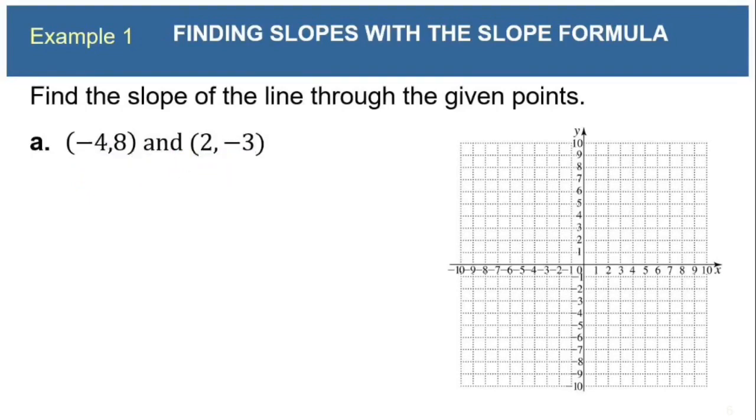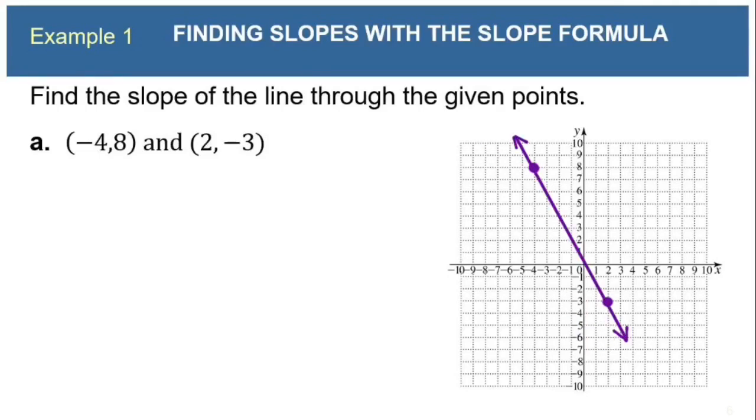Now we can absolutely use the formula to find the slope of the line between these 2 points without graphing the points, but I think it's helpful to you to see the points graphed, so we're going to do that. -4, 8 will be left 4 and up 8, so we'll have a point here. And then 2, -3 will be right 2 and down 3, so we'll have a point here. And here is the line between them.